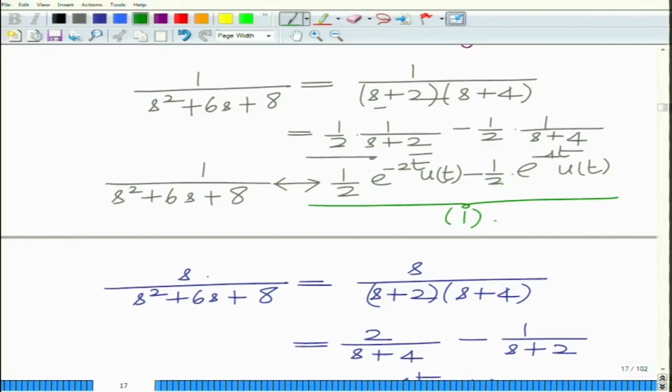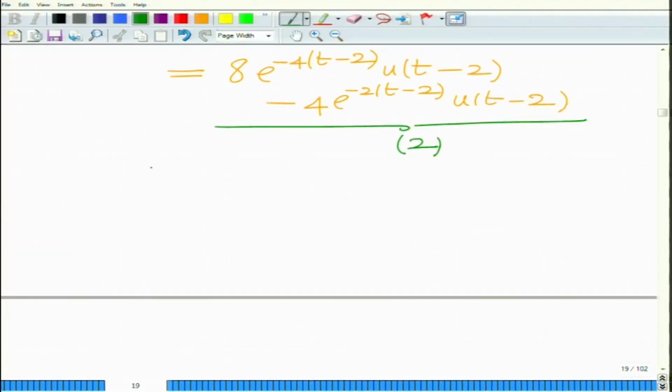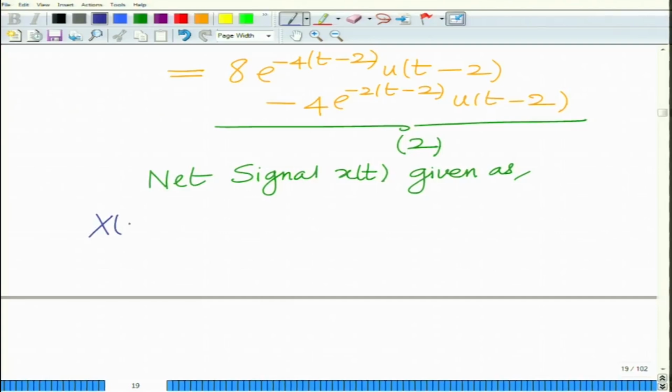So the net signal x(t) equals the result 1 plus result 2.